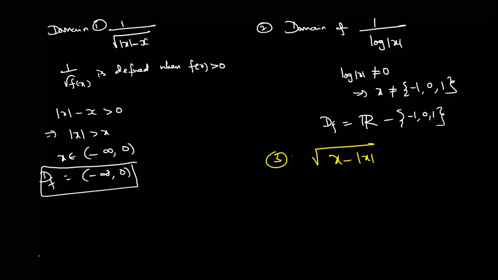See, what is the case? When it is defined, x minus mod x must be greater than or equal to 0. So x can be 0, yes, possible. 1, possible. Minus 1, no. That means R plus union singleton 0. 0 also possible. Check it.